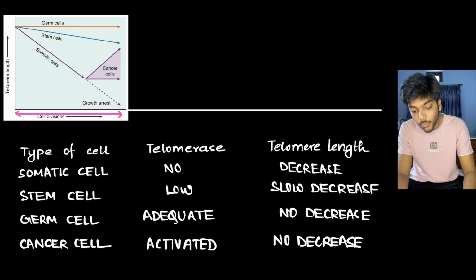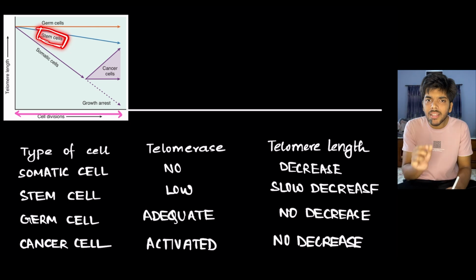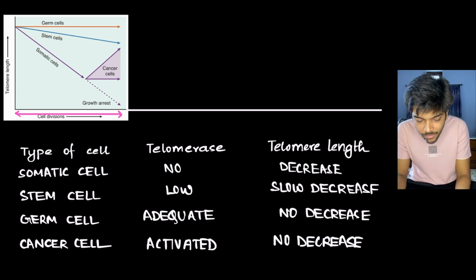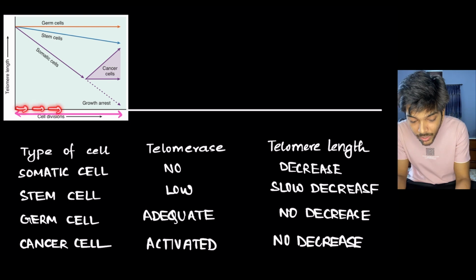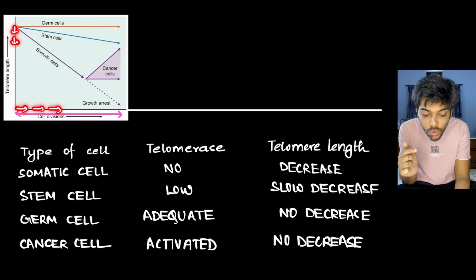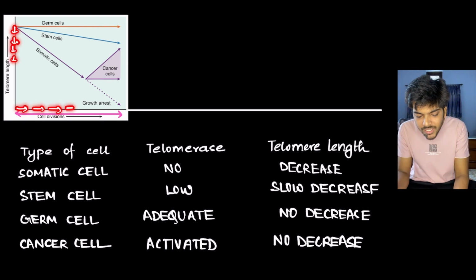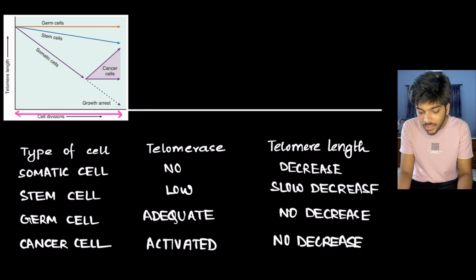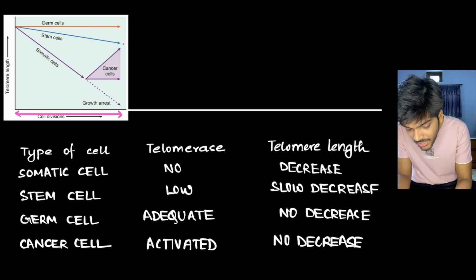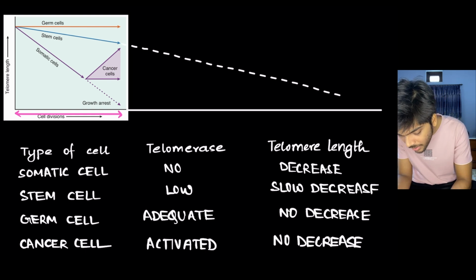But now let's compare it with stem cell. In stem cell, there is little telomerase activity. That means with every cell division, yes, the telomere length will decrease, but the decrease will be slower. So with every cell division, there will be slower decrease, and let's see how far the cell division will go. Cell division goes till here.